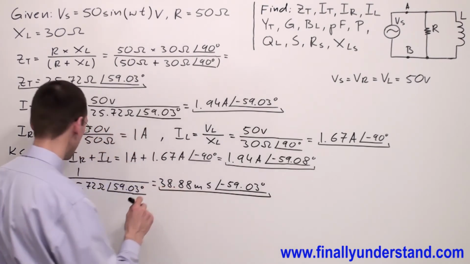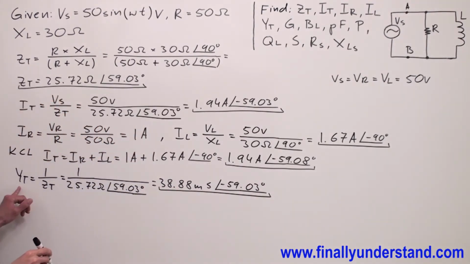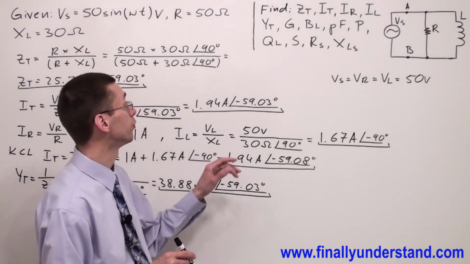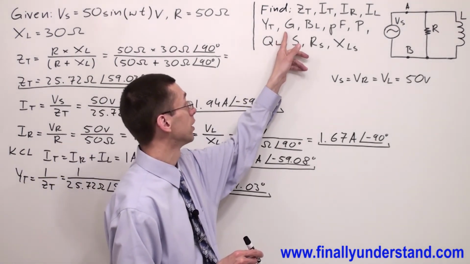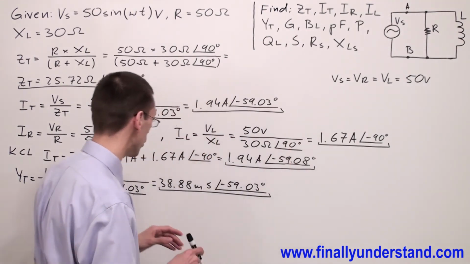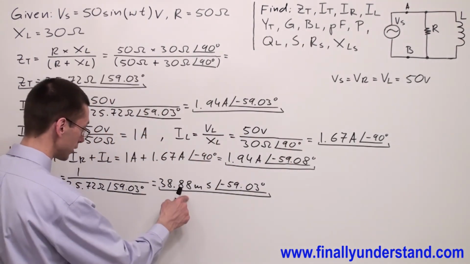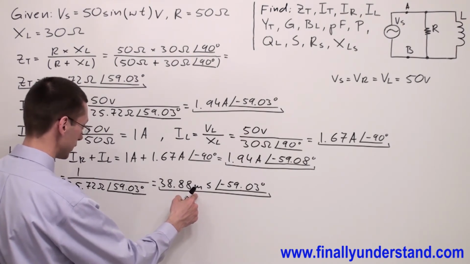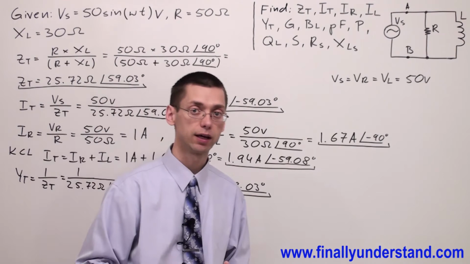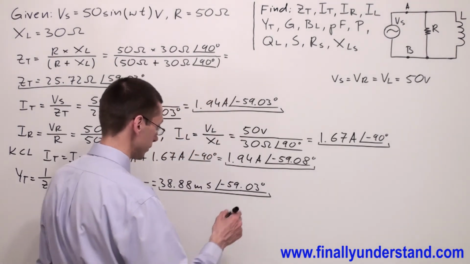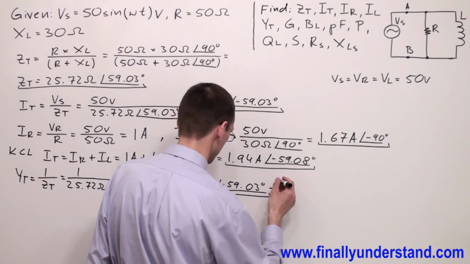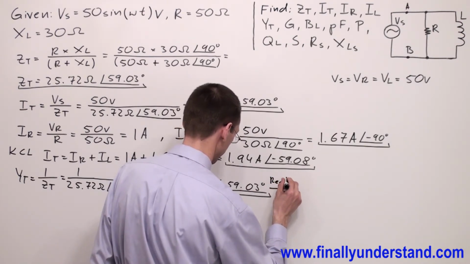Okay, so this is my total admittance. Next, we're supposed to find conductance and inductive susceptance. So we have to simply convert this admittance expressed in polar form to the rectangular form. So convert this complex number to the rectangular form.